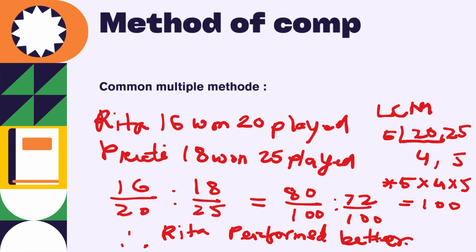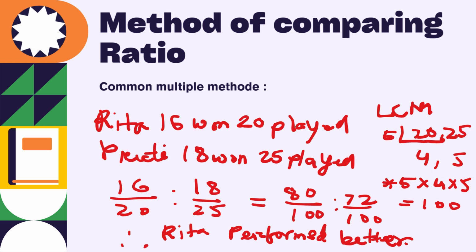The common multiple method. In this method, we first try to find a common multiple of one of the units for the ratios to be compared. For example, Rita won 16 of 20 games of badminton played by her during a particular session, and Preeti won 18 of 25 games of badminton played in the same session.